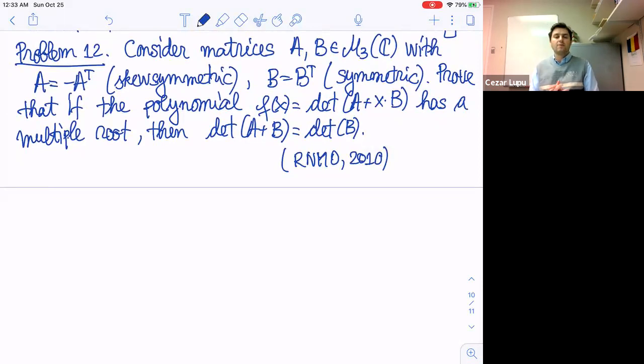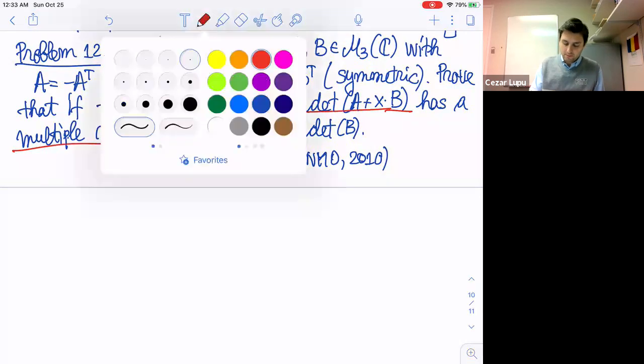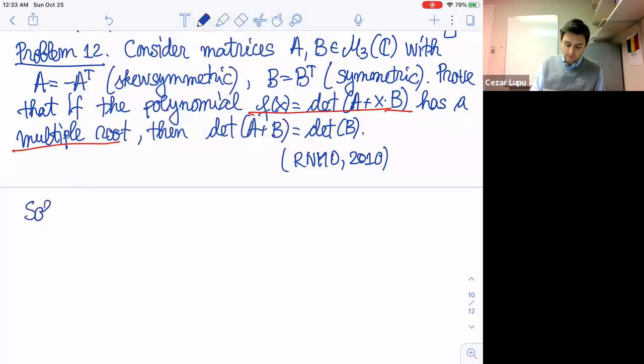As you can see, we have some information about this polynomial. It has a multiple root. Again, we can actually write this polynomial more or less explicitly.